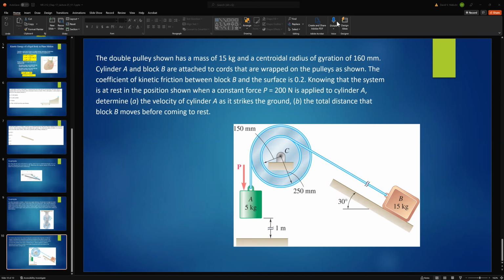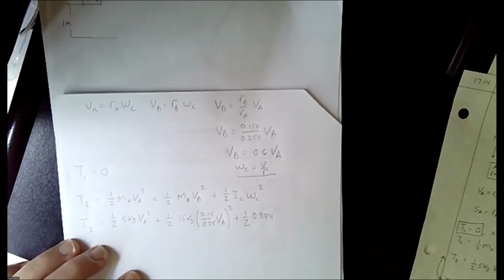And then the last thing I have is the relationship of omega C. So remember that when we're dealing with this, if we want to substitute omega, we can use the relationship that omega C equals the velocity over the radius. Remember that general equation there.